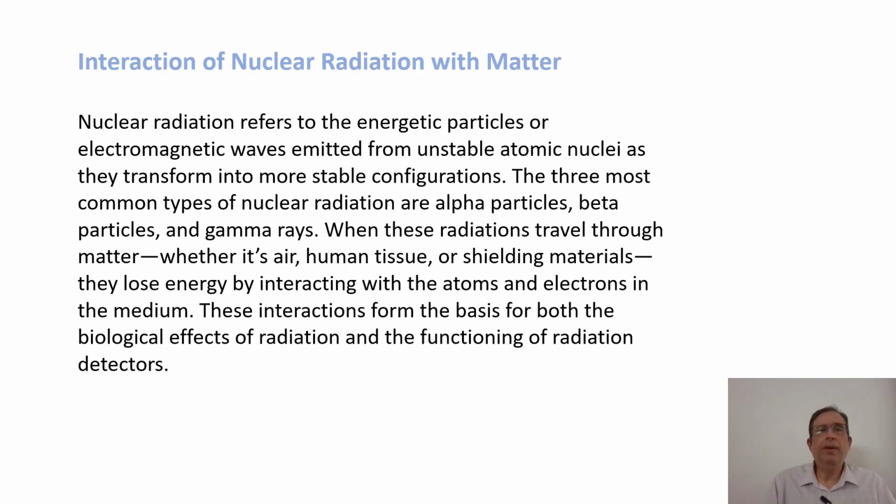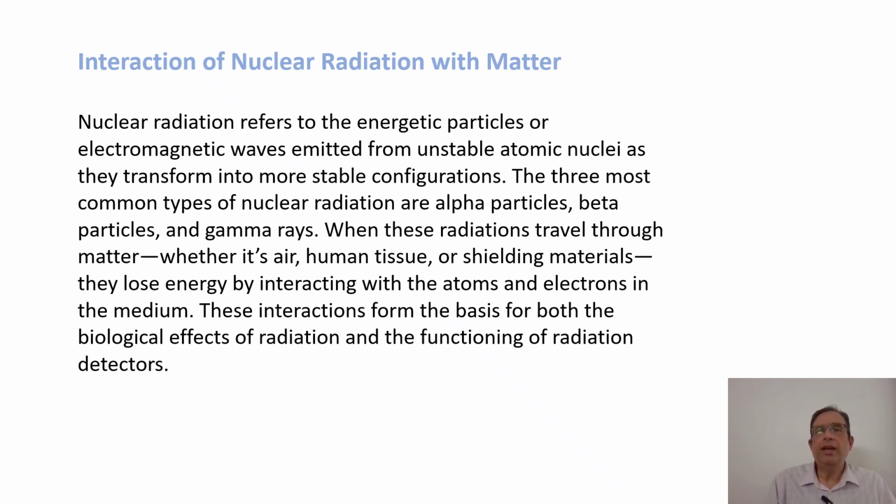So what is meant by interaction of nuclear radiation with matter? Of course, nuclear radiation, as you know, means energetic particles or some kind of energetic rays like electromagnetic rays which are emitted by unstable atomic nuclei whenever radioactivity is taking place.